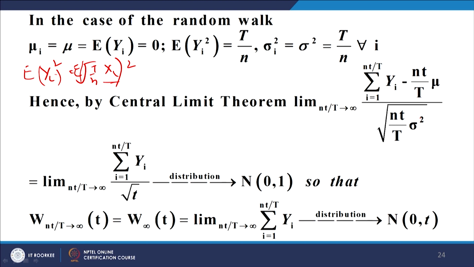So, the mean is 0, and sigma square is equal to capital T upon n. When you put capital T upon n here, n cancels with this n, T cancels with this T, we are left with simply under root t in the denominator.